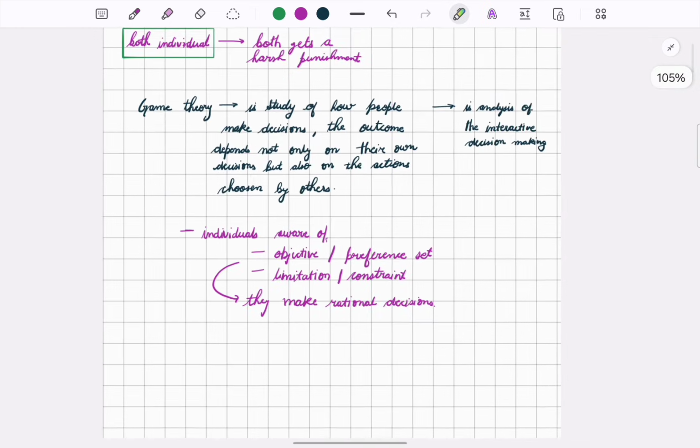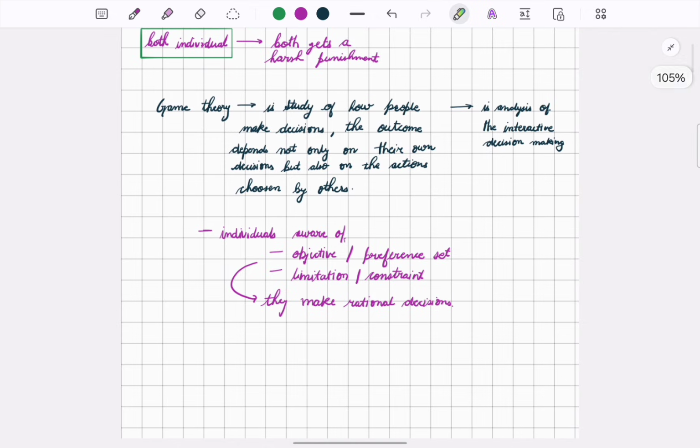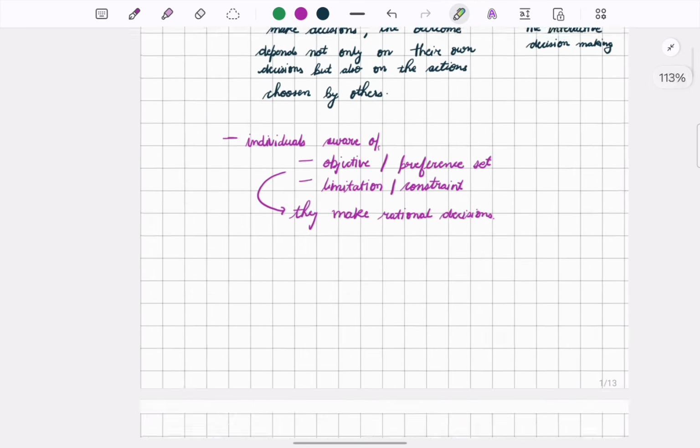Now we will do some more examples that can help you understand the application of game theory to several real life situations, and not only economics. Game theory is applied across many subjects and many fields of study.